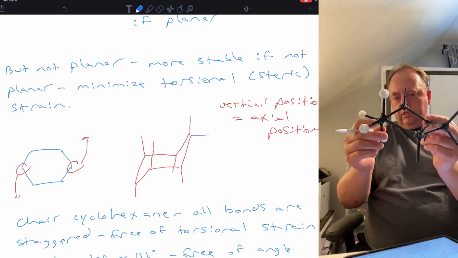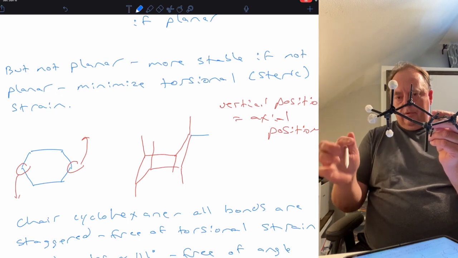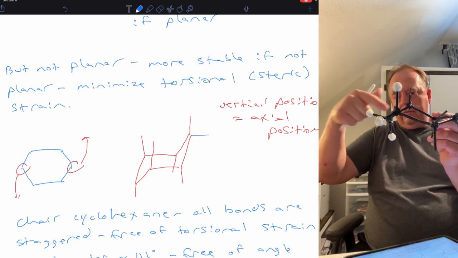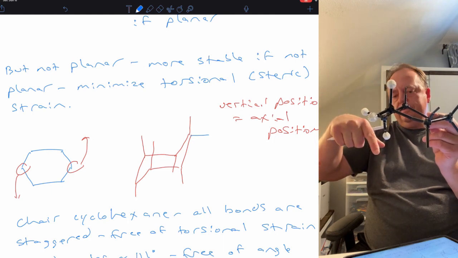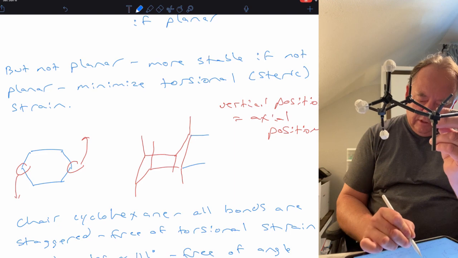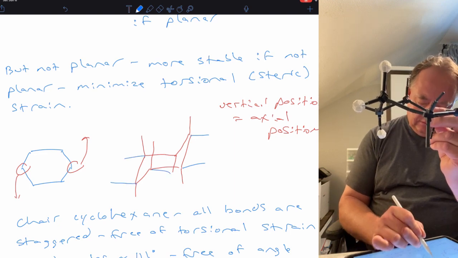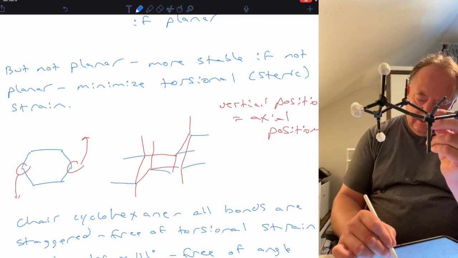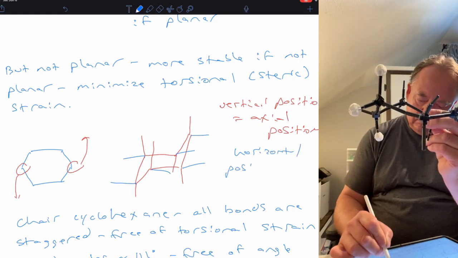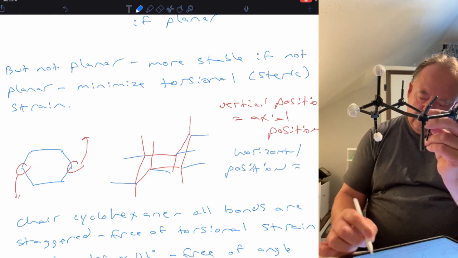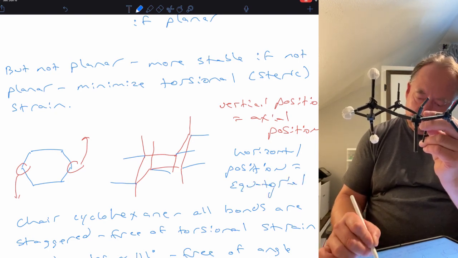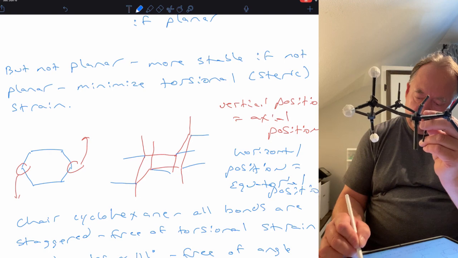So if we drew that as a Newman projection, then this carbon in the front is an upside down Y, and this carbon in the back is a Y. So they each have a horizontal position, and that's what's called the equatorial position.